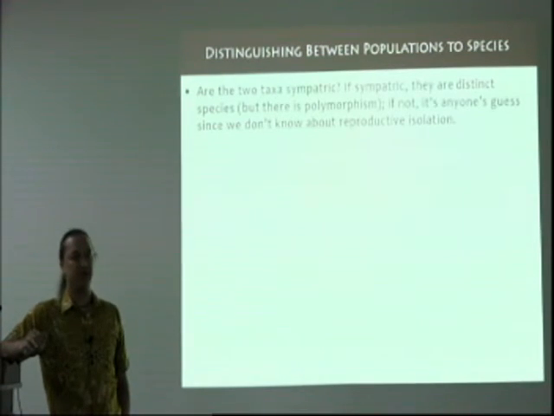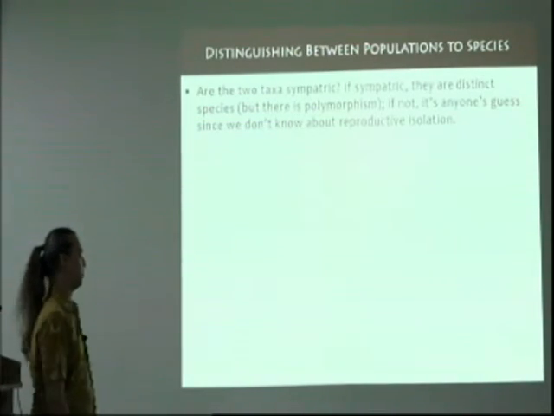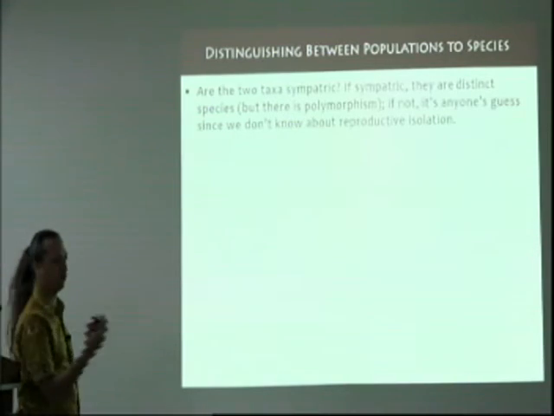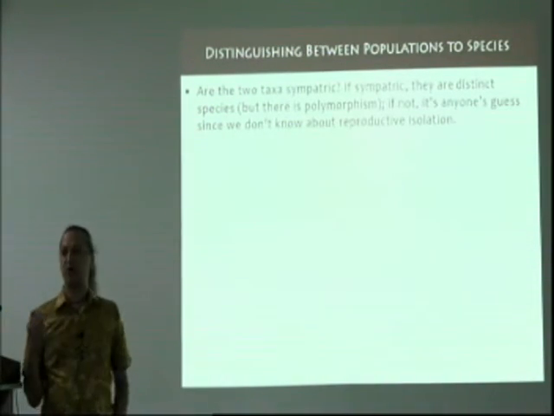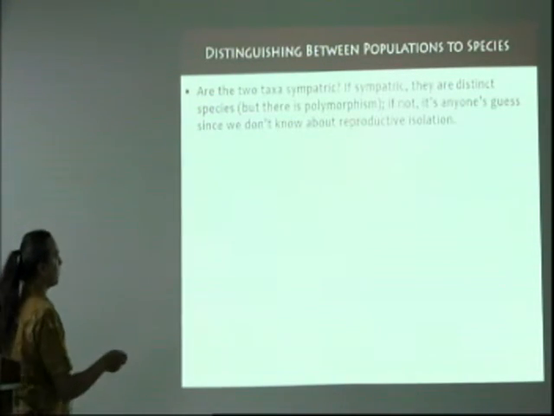If they produce, let's say, only 60% fertile offspring, then you would say reproductive incompatibility is setting in, it's midway, they will become species if the course continues, and so on and so forth. So this is sort of easy. Of course, there are polymorphisms, but if you study whatever your organisms are pretty well, you will know what is a polymorphism and what is a species.